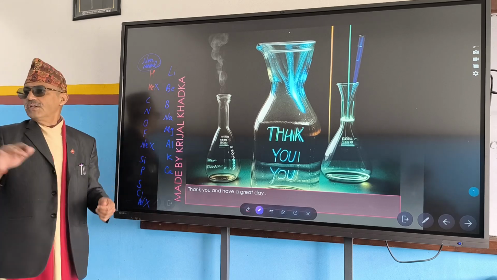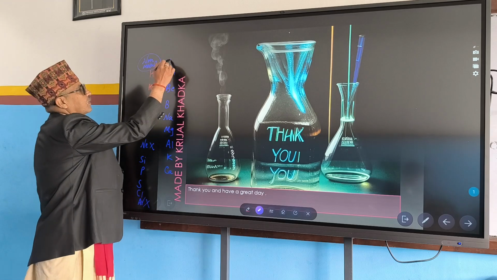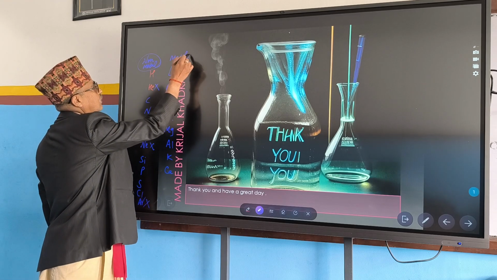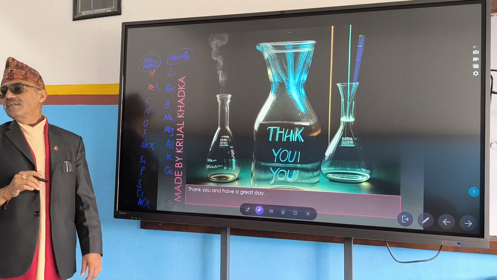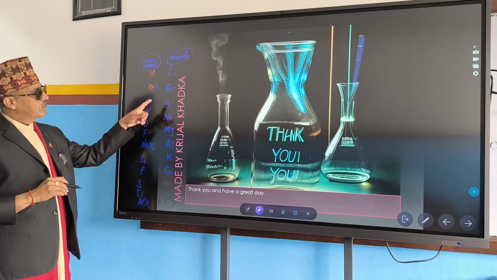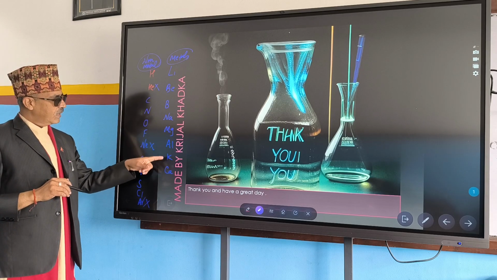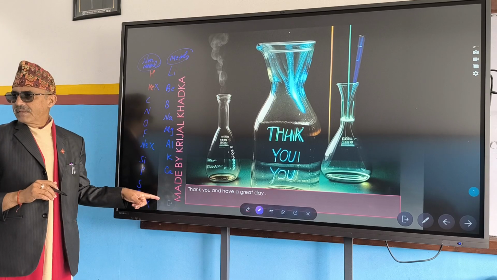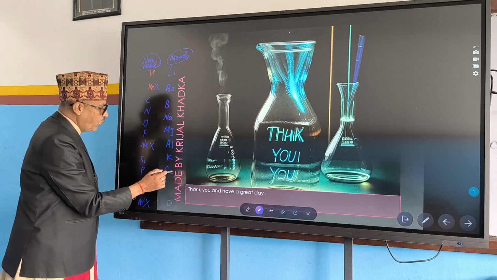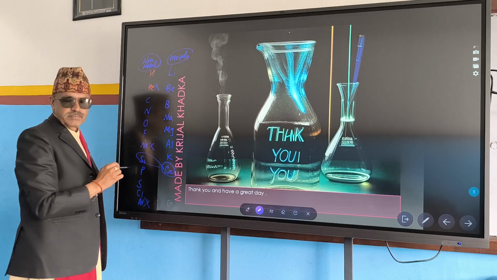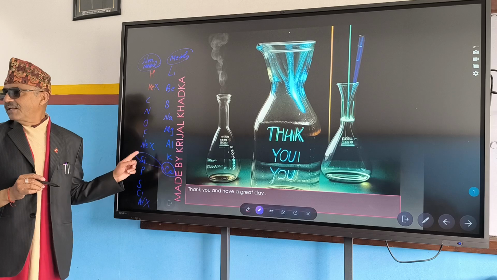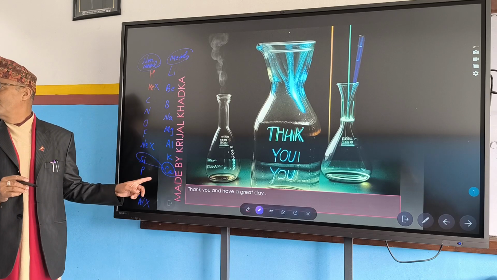Okay, children, and these are metals. So which are the metals? Tell me. Lithium, beryllium, boron, carbon, magnesium, aluminium, potassium, calcium. So if there is a bond between calcium and silicon, metal and non-metal, that is an electrovalent bond.